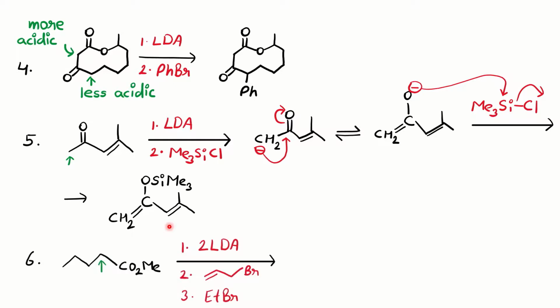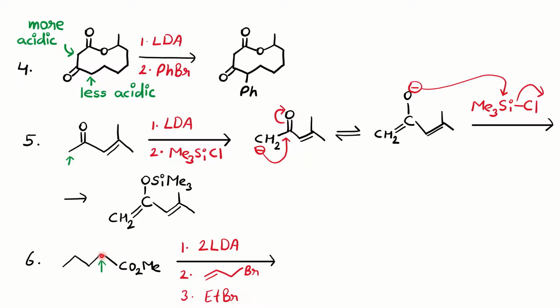Next, you can notice all our examples so far have a carbonyl. Here again you have an ester, and with respect to this carbonyl you have one alpha position, so definitely abstraction of a proton from here.